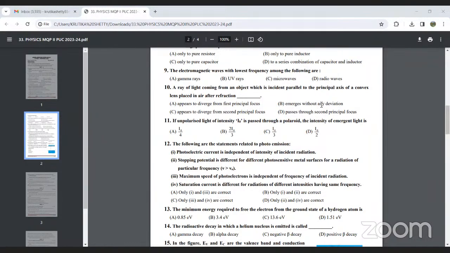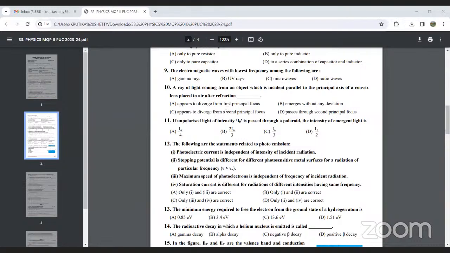Emerges without any deviation. The question asks, which is incident parallel to the principal axis of a convex lens in air, after refraction. So what happens to the ray parallel to the principal axis after refraction?